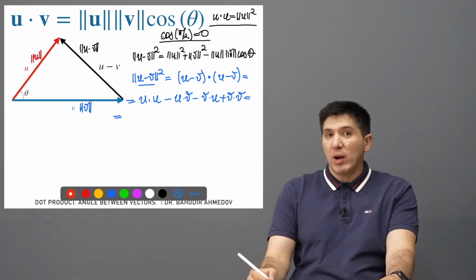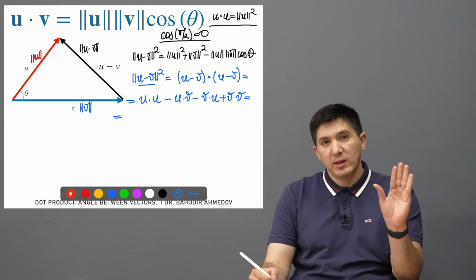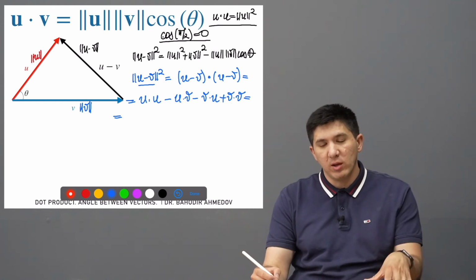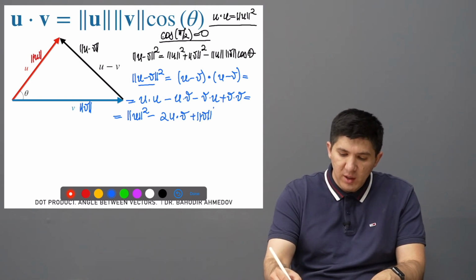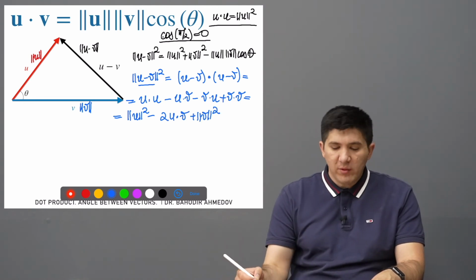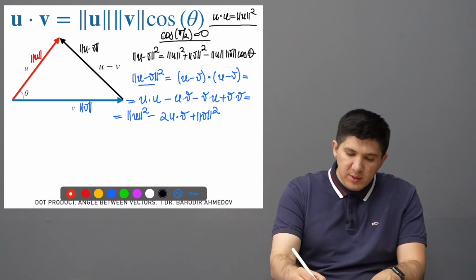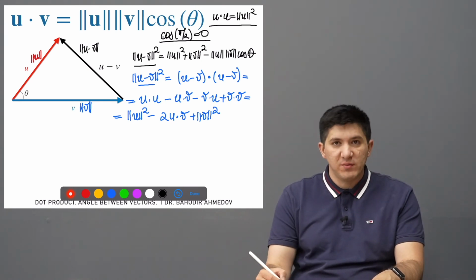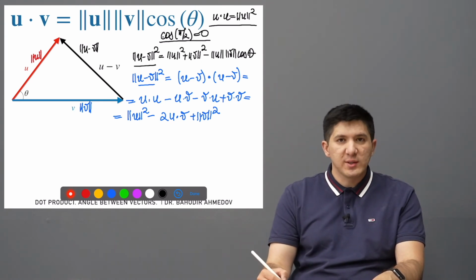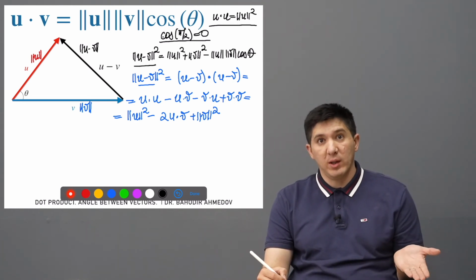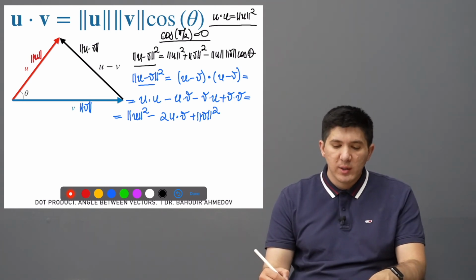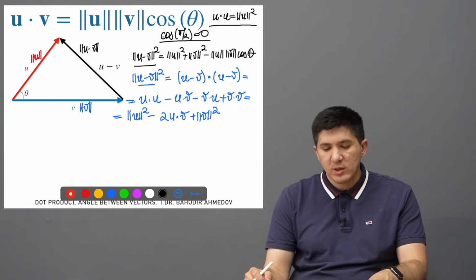And using the same equation, I find that u dot u is the norm of u squared, minus 2 u dot v, plus the norm of v squared. Well, I've got two equations for the norm of u minus v squared, and since the left-hand sides of these two equations are the same, namely u minus v squared, the right-hand sides should be the same as well.